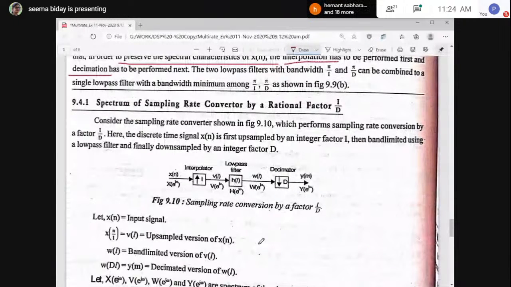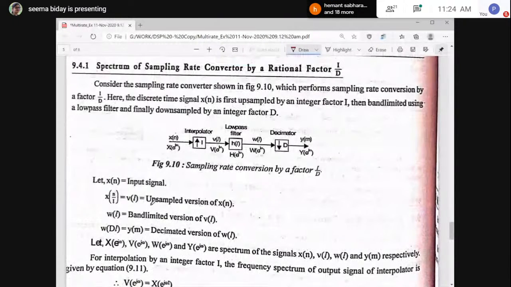We have studied the interpolator, we have studied the decimator, and in both cases we have to do time domain analysis as well as frequency domain analysis.